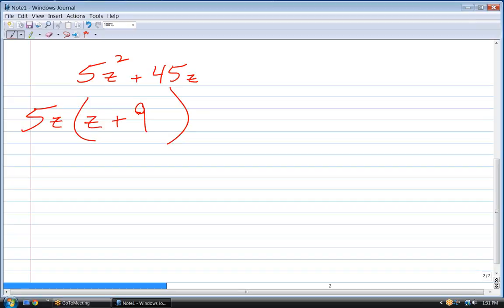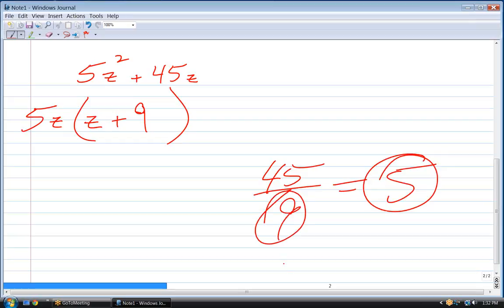Let's make sure you understand why. After you factor it, you have to make sure that if you multiply this by that, you get what you started with. Division is the inverse of multiplication. Even if I divide 45 by 9 to get 5, the last thing I think about is to make sure that 5 times 9 is equal to 45.